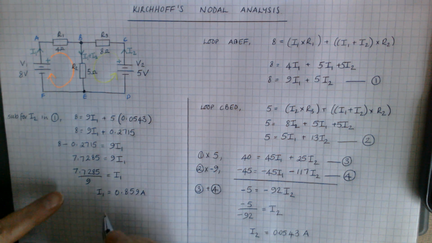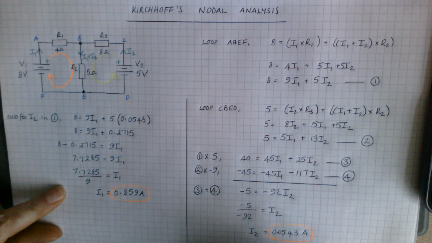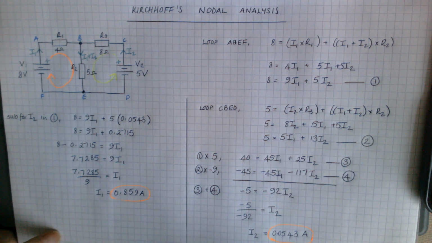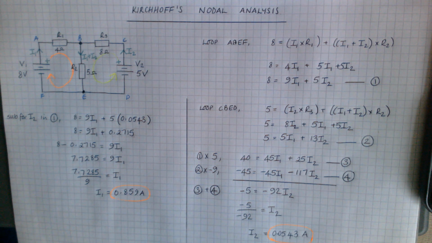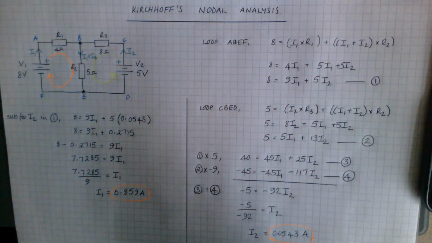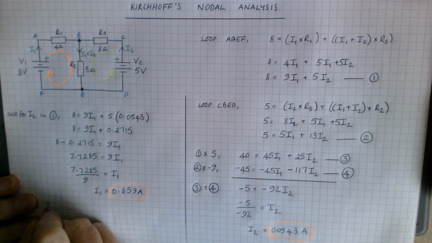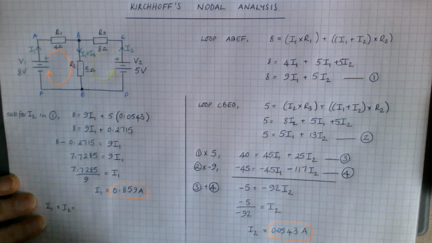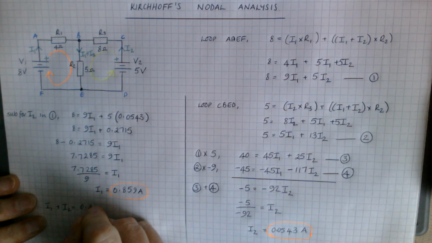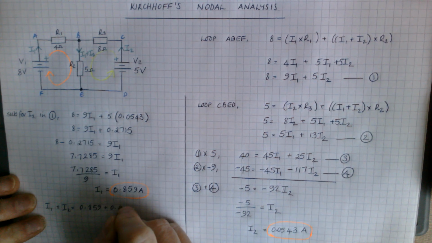So I've got my value for I1 here, and I had my value for I2 here. And what I'm looking for is this current here, I1 plus I2. So to get I1 plus I2, I'm simply going to add my answer for I1, 0.859, and my answer for I2.